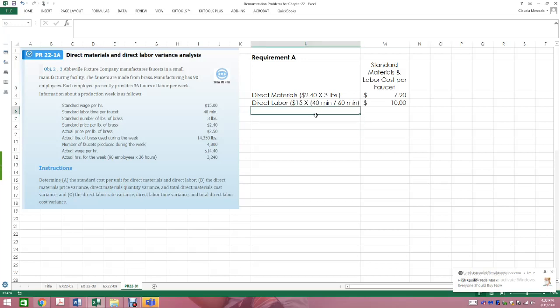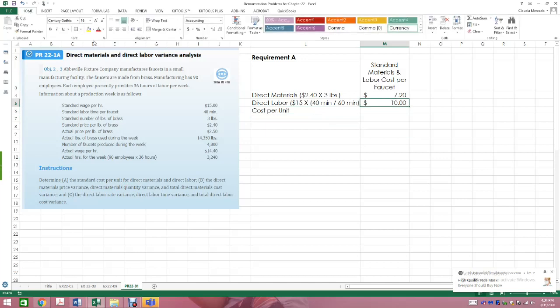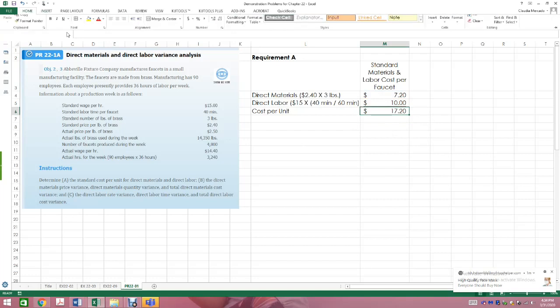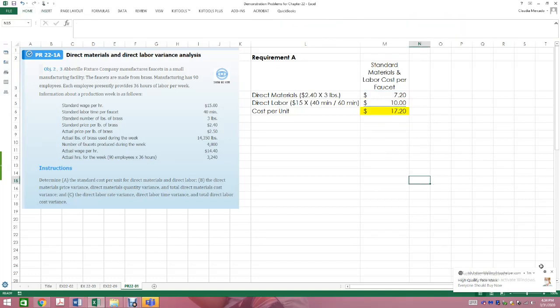So my cost per unit for materials and labor is going to be the $7.20 plus the $10. That'll be $17.20. That is requirement A.